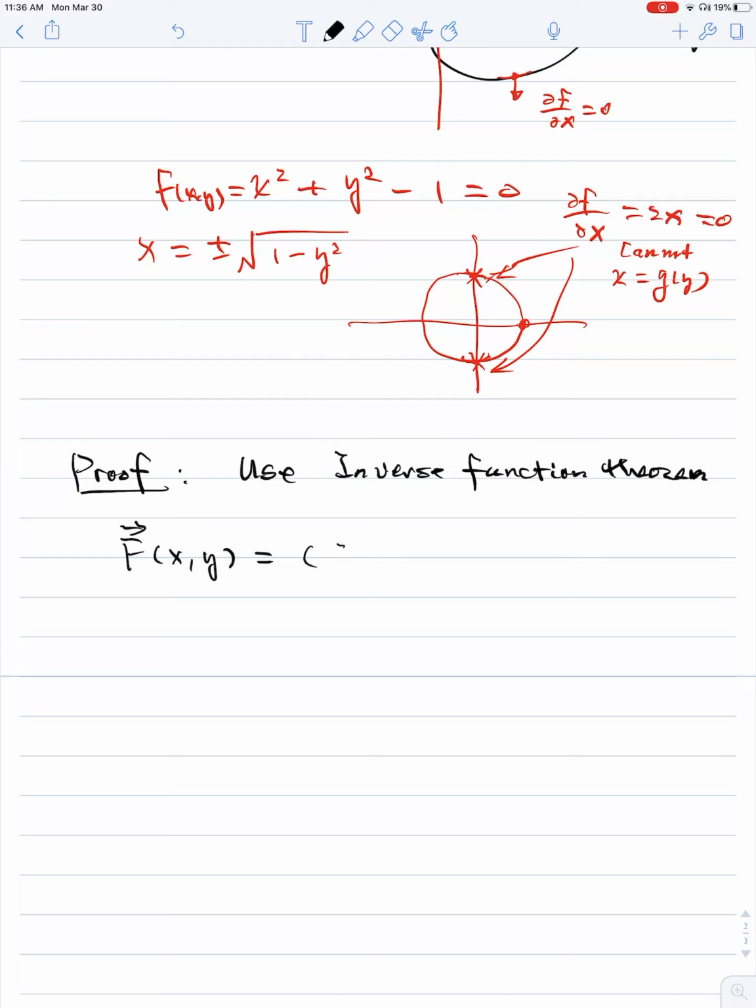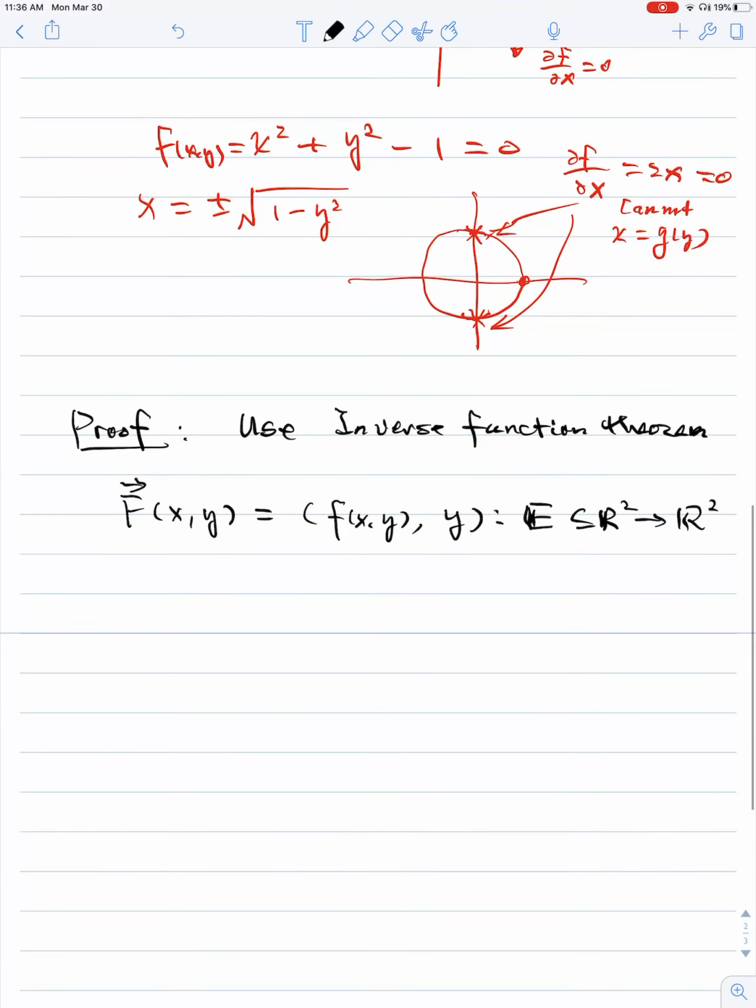The first component is this smaller f, a real-valued, scalar-valued function, and y. So this is a function defined on E, which is in R2, and the values are in R2.